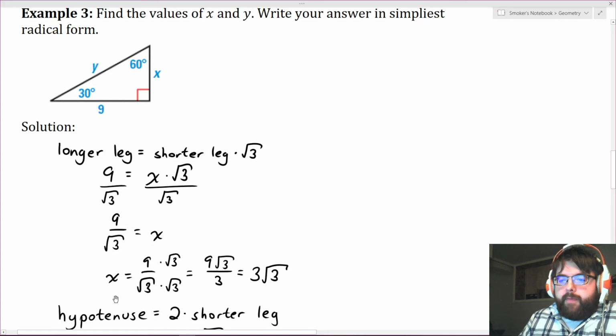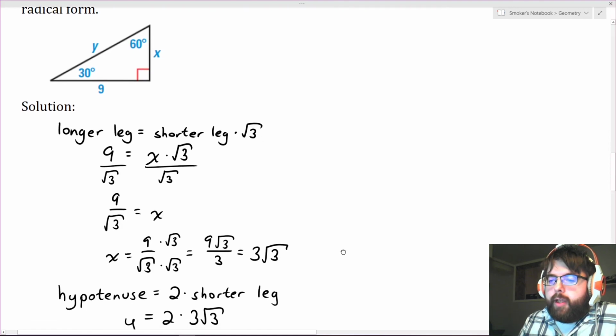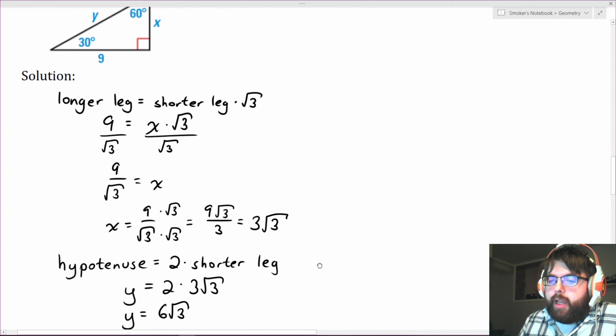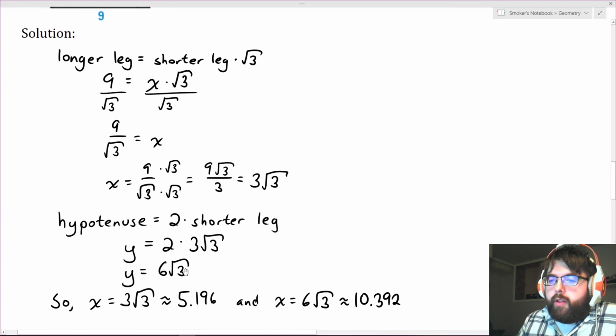Hopefully that makes sense. Okay, so once we've found x, which we did, this is 3 root 3, we can then use that to find y. Remember, shorter leg times 2, or 2 times shorter leg, is equal to the hypotenuse. Well, now we have the shorter leg. That is 3 root 3. We're going to take 2 times 3 times root 3, and 2 times 3 is 6, and we are actually done because we want the simplest radical form.